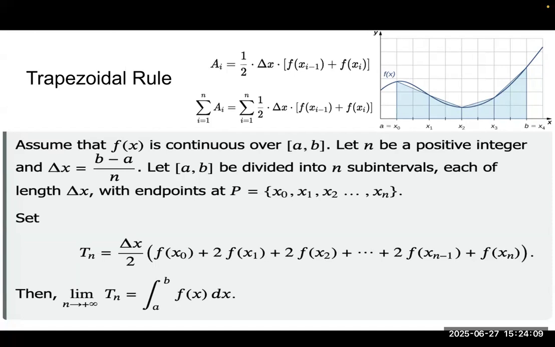We need to take two points here to form the trapezoid. Suppose this is 0, this is 1.